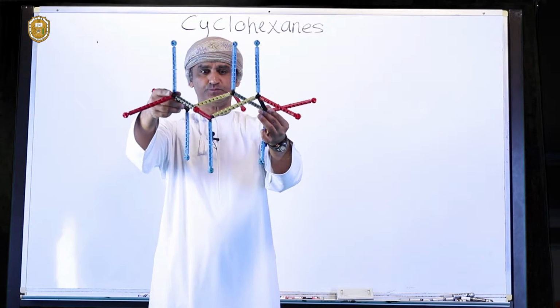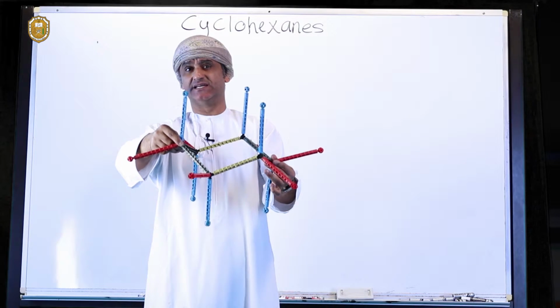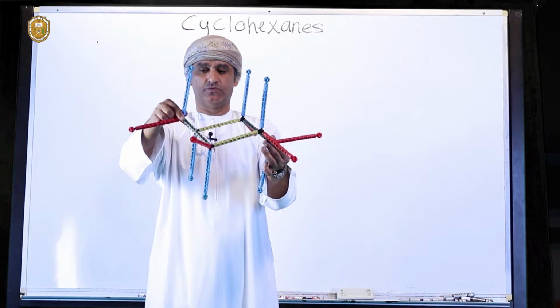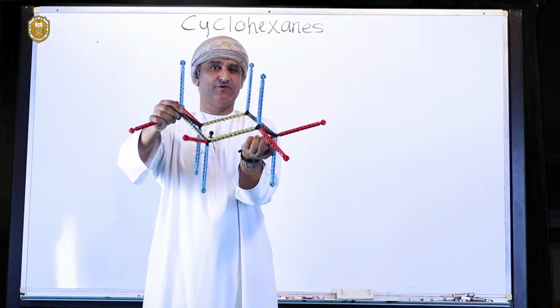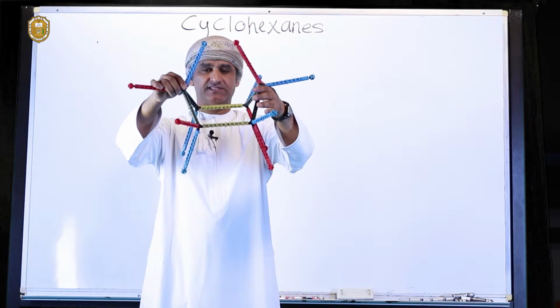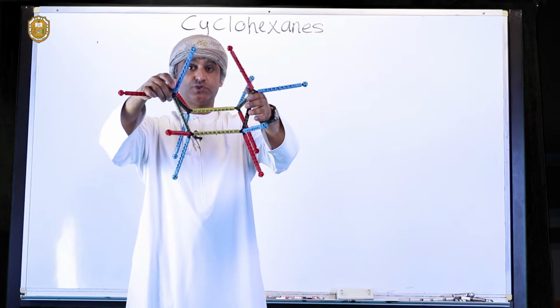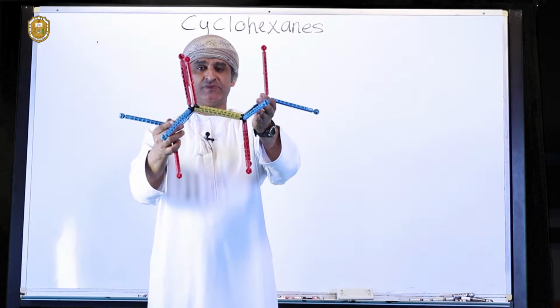Now this is one chair. We can go to the other chair through an intermediate boat, a transient boat, if you like. We can take this carbon, which is slightly pointing down, and take it up, and then we arrive at a boat. And if we take the carbon atom, which was up, down, then we arrive at the other chair.